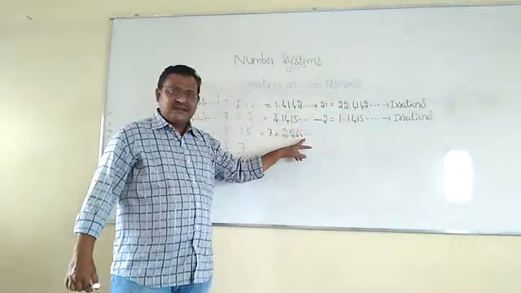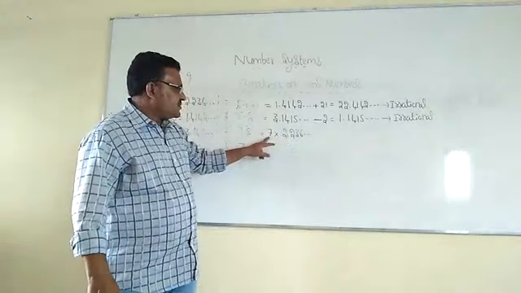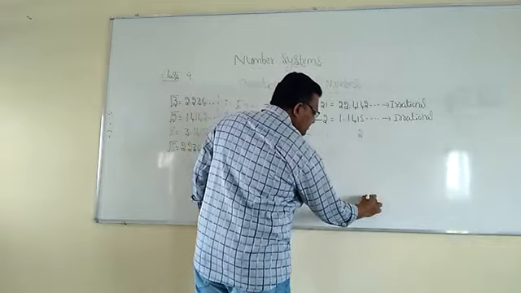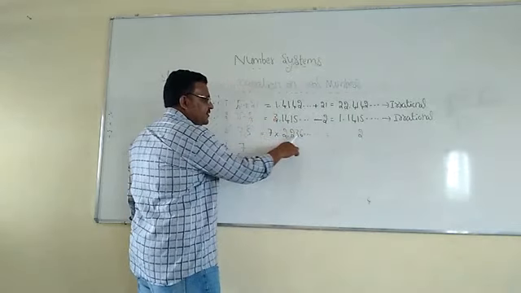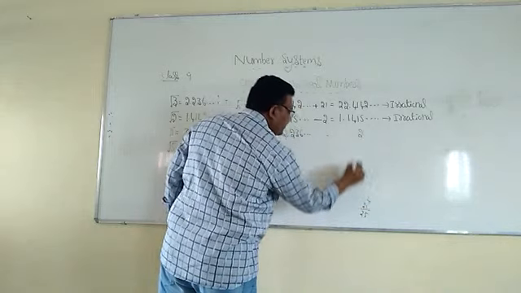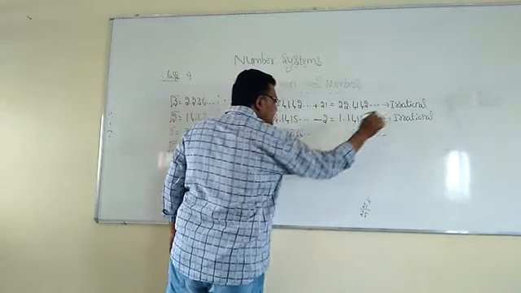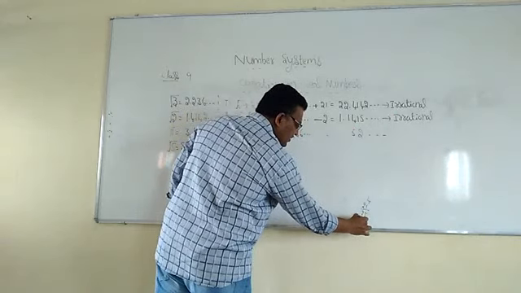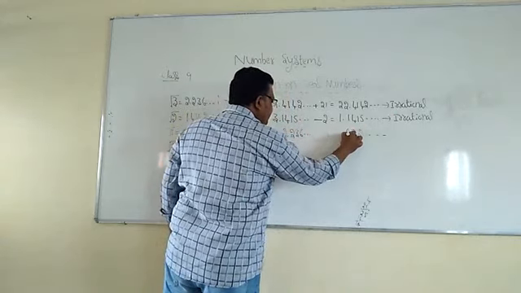So whatever last digit is available, multiply. So 7 6s are 42 and 7 3s are 21, 21 plus 4, 25 here and so on as it is. Next 7 2s are 14, 14 plus 2, 16.